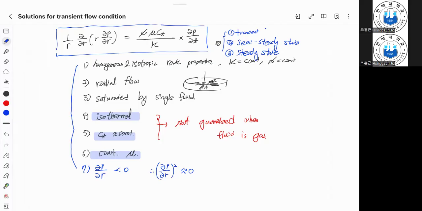As I told you in class, steady state is the simplest one because it's a matter of ODE, so time doesn't matter here, but the transient and the semi-steady are PDE. And among these three, the most challenging one is this one, and we are about to cover this transient partial differential equation. We are going to find the solution for the partial differential equation.